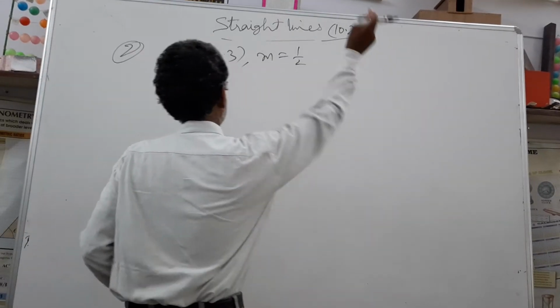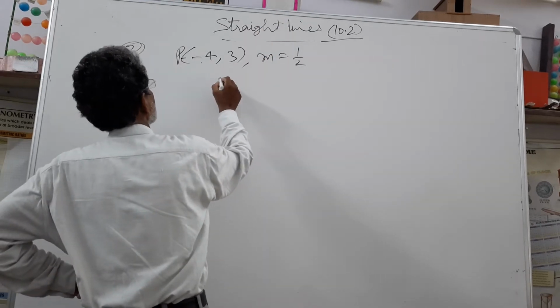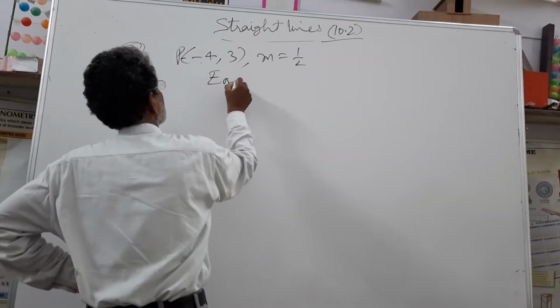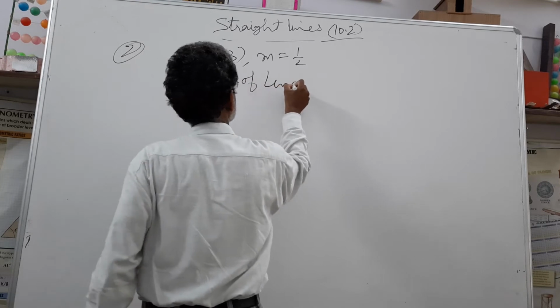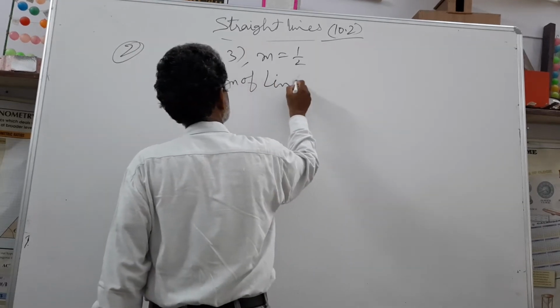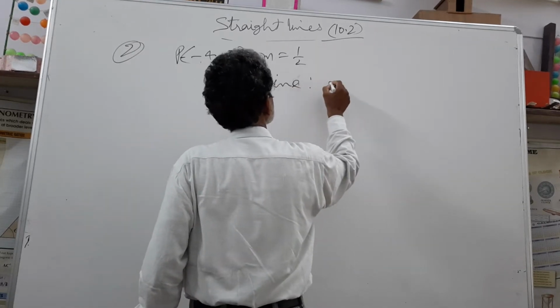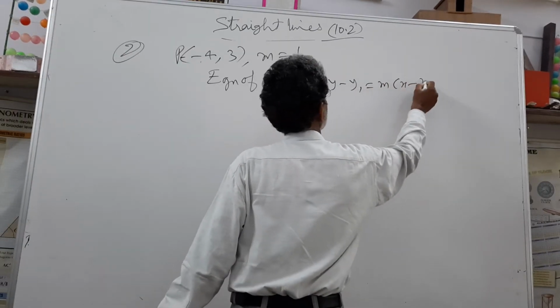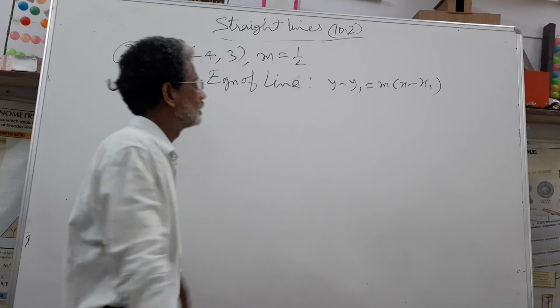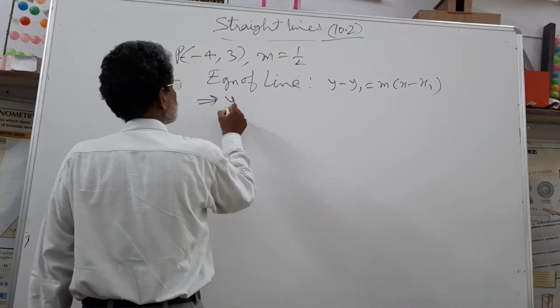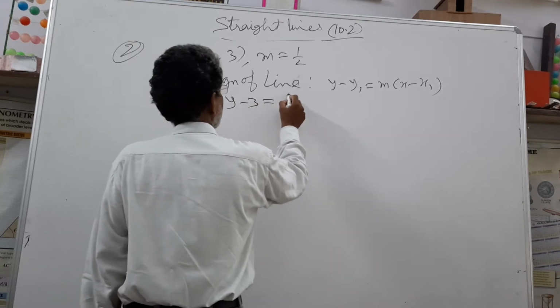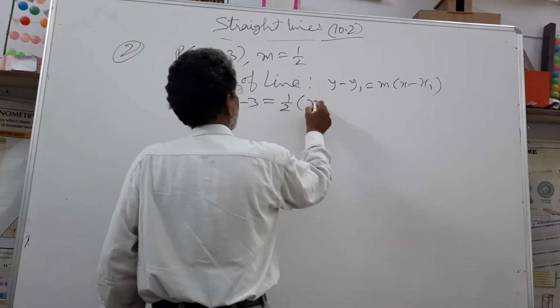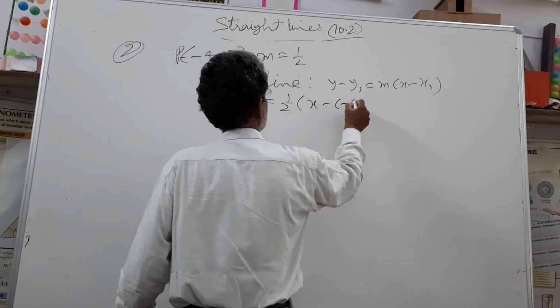As you know from previous lectures that equation of line is y minus y1 is equal to m(x minus x1). Put the given values. This implies y minus 3 is equal to half (x minus minus 4).